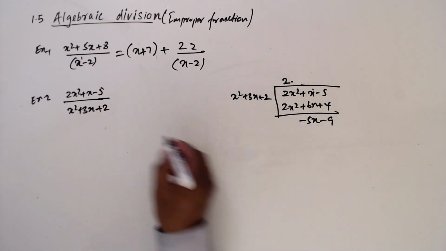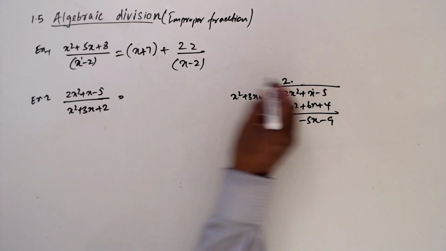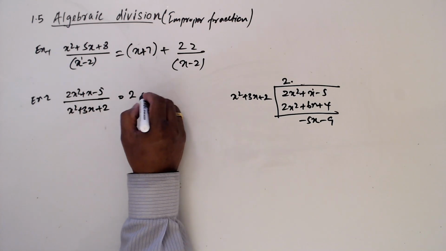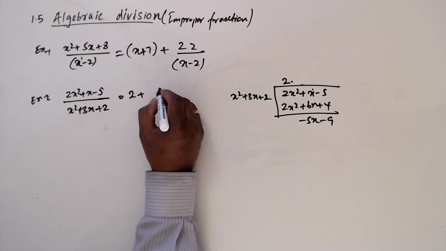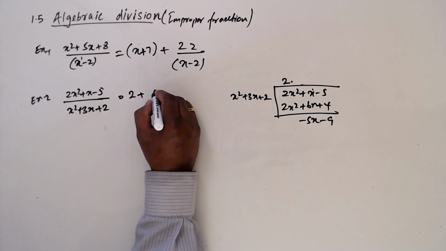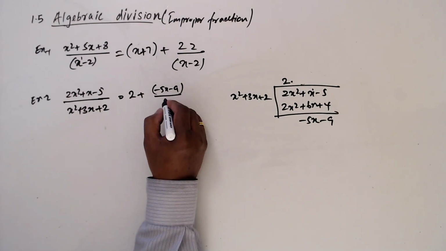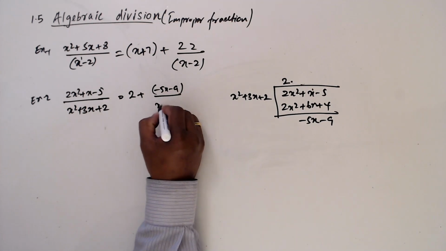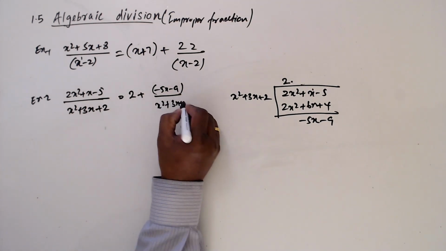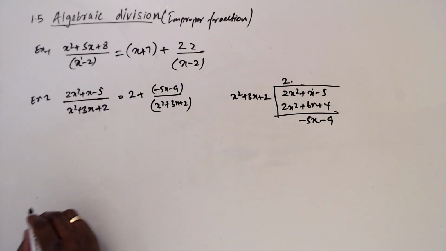So then the full number is 2, and the remainder is minus 5x minus 9 out of x square plus 3x plus 2.